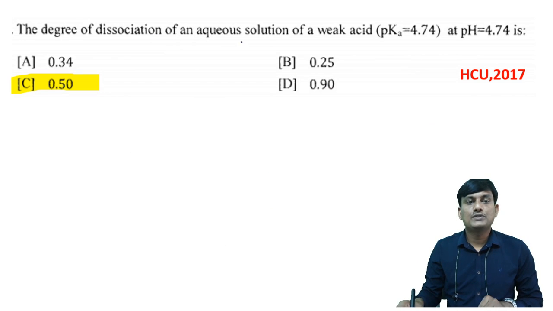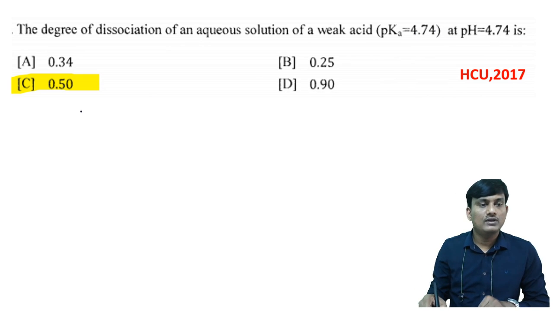The degree of dissociation of an aqueous solution of a weak acid at pH is equal to 4.74 is. Okay, pK is given. pK is equal to 4.74. Let us take weak acid HA. This one dissociates into H plus and A minus. Let's take degree of dissociation as alpha.